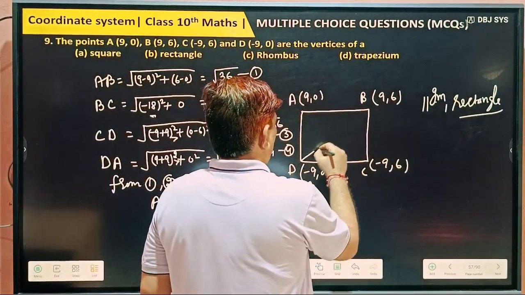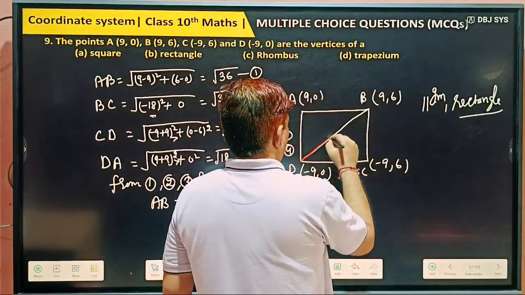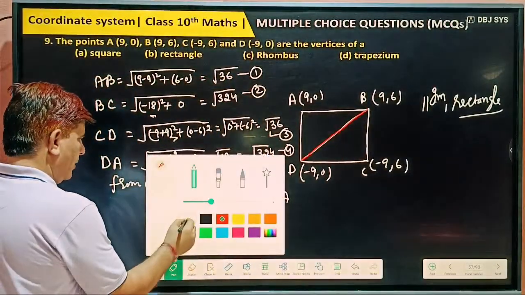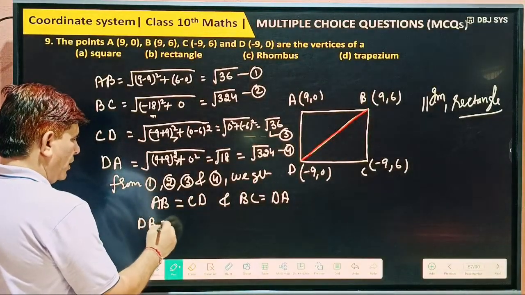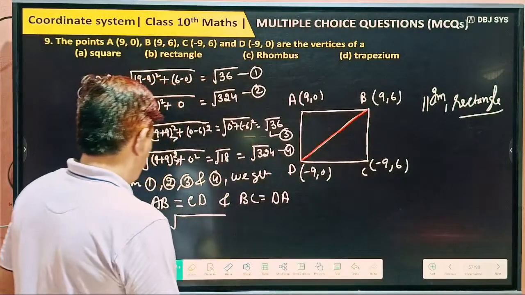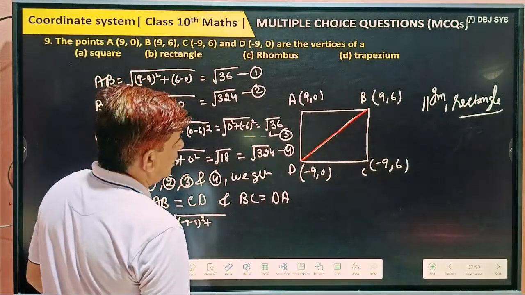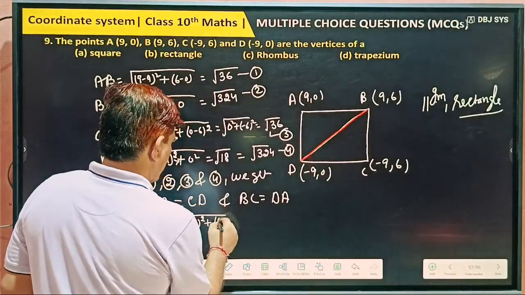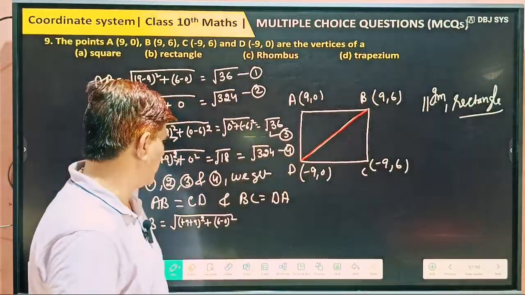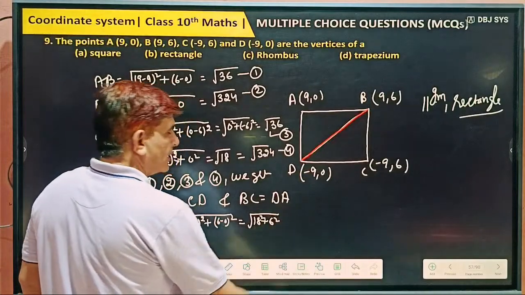We can find out its diagonal, this diagonal DB. DB is equal to under the root of (-9 - 9) whole square plus (6 - 0), or this we can write plus, because -9 minus 9 is 18, becoming not effective result. This means 18 square plus 6 square.